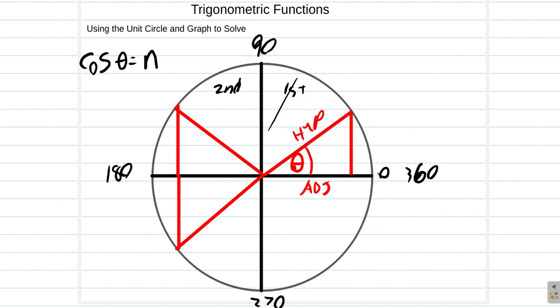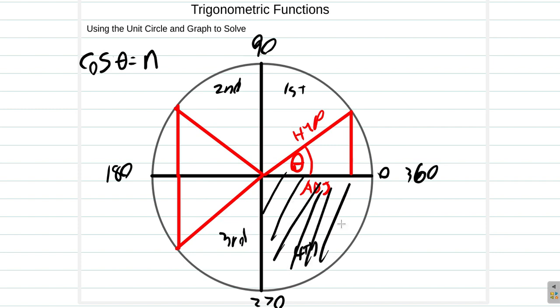It's 4 equal parts, 4 equal sectors. Second quadrant would be in the shaded area. Third quadrant would be in this shaded area, and the fourth quadrant would be in this shaded area, just as a reminder, right?